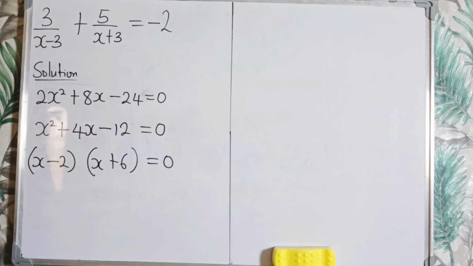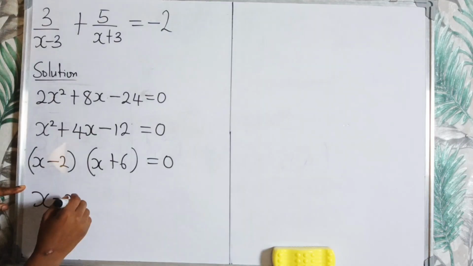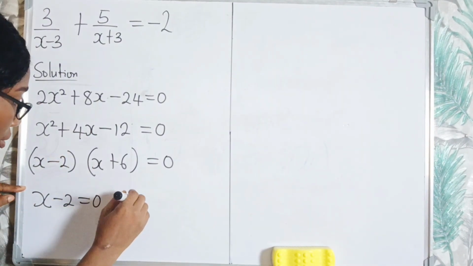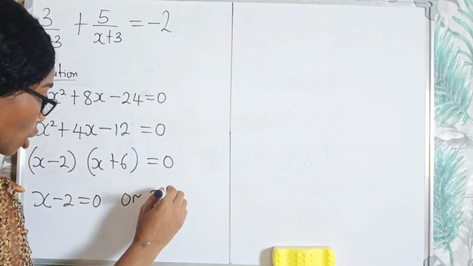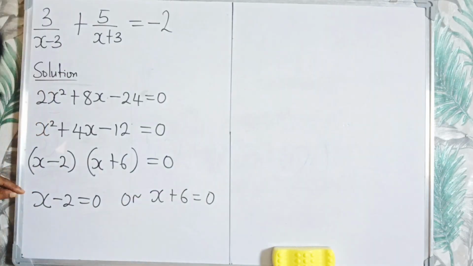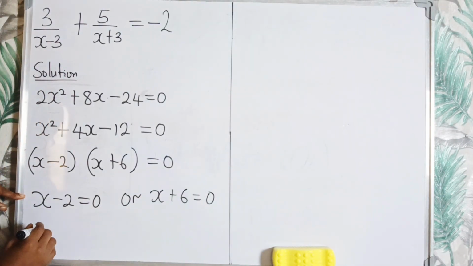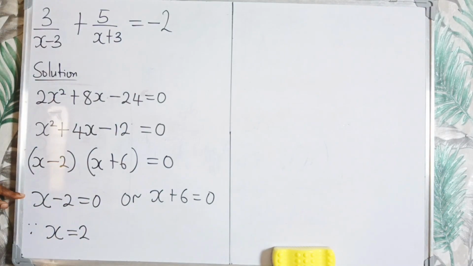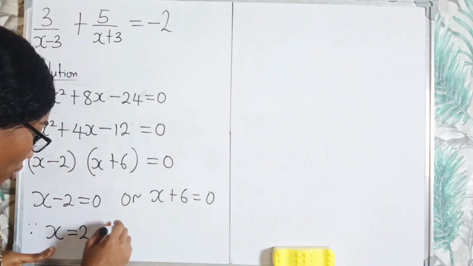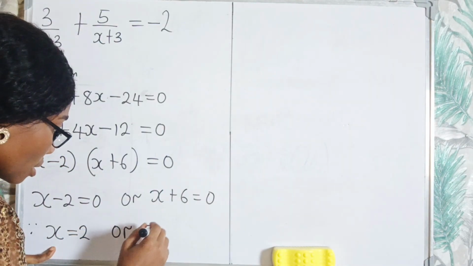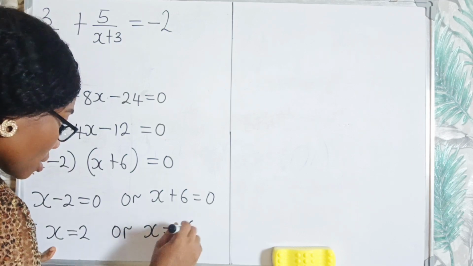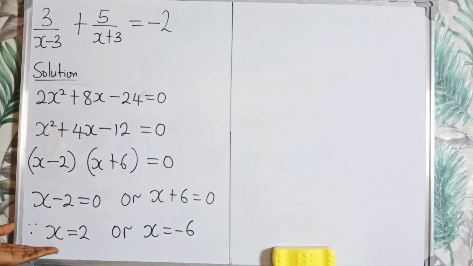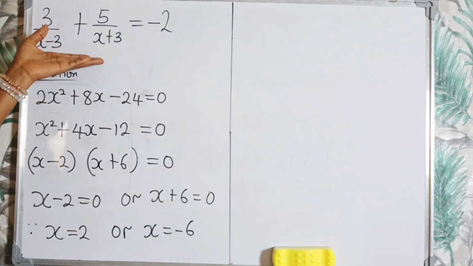So this implies that x minus 2 is equal to 0, or x plus 6 is equal to 0. Therefore, the value of x is, when minus 2 crosses, it becomes plus 2. So x is plus 2, or x is equal to minus 6. And this is our final answer to this question.